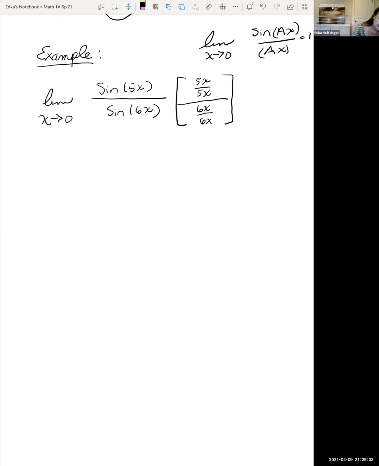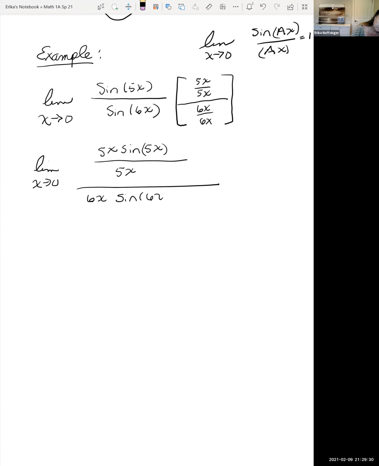If I rewrite this, it's the limit as x goes to 0 of 5x times sine of 5x, all over 5x, divided by, distributing, 6x times sine of 6x all over 6x.